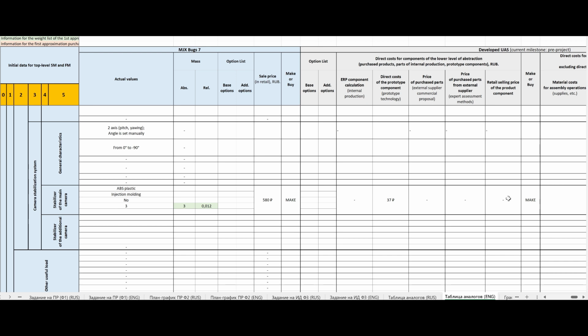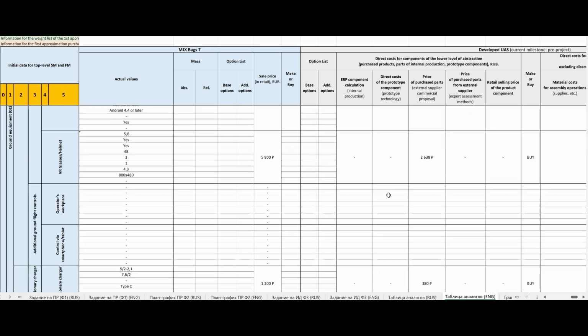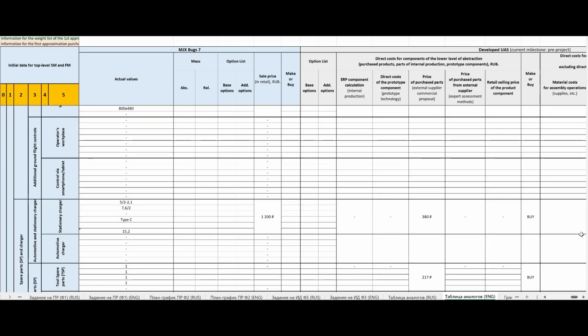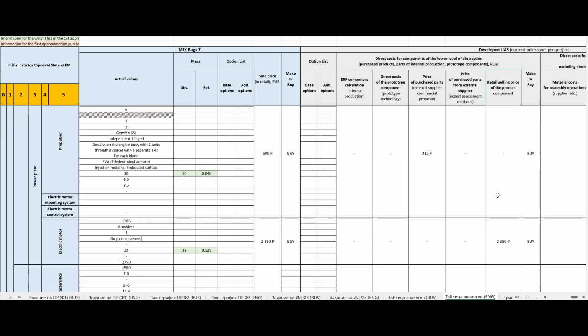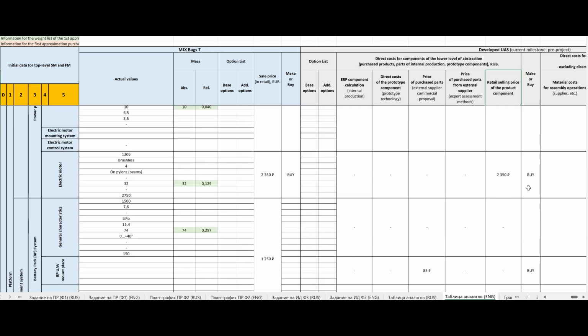If according to the data from the column price of the purchased products, external supplier, then we have a commercial proposal for the purchased products from an external supplier formed on the basis of our production volumes and one-time costs. If according to the data from the column retail selling price of the product component, it means that our unmanned aircraft system prototype, which will be manufactured at the pre-design stage, has a component purchased in the retail network, and the part of the column price of purchased parts from external supplier or export assessment methods.